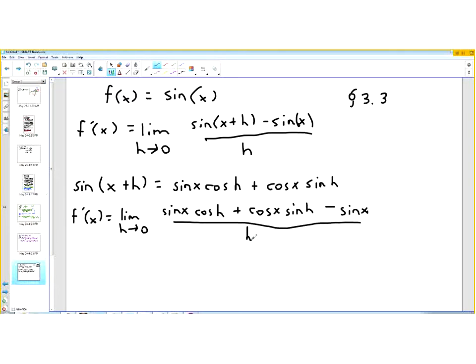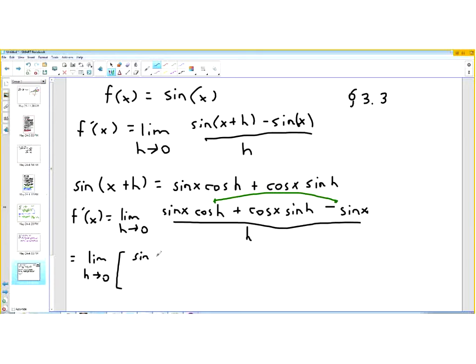Okay, so we can split this expression into two partial fractions. Well, before I do that, let me see if I can do a factoring. No, well, what I'll do is I'll group these two terms together right here, and then I'll do a partial fraction expansion. So we'll get this. The limit as h approaches 0. I'm going to combine a couple of algebraic steps into one here.